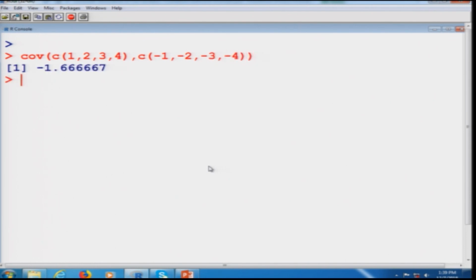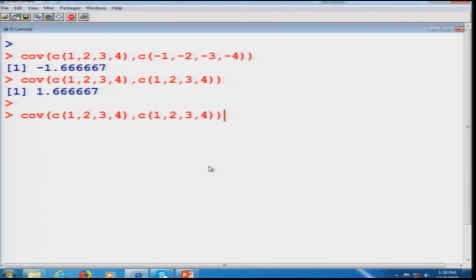You can see here, this comes out to be -1.6667, and if I try to remove the signs and suppose both the data vectors have got the same value, then in this case the magnitude remains the same, but the sign becomes positive. So, in this case you can see here the covariance is positive.